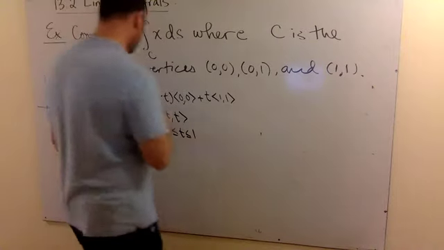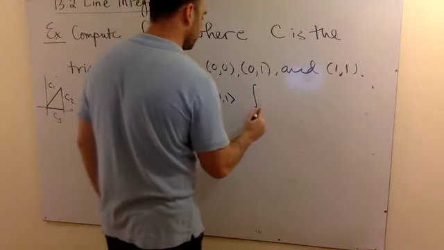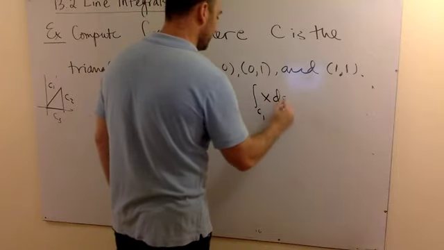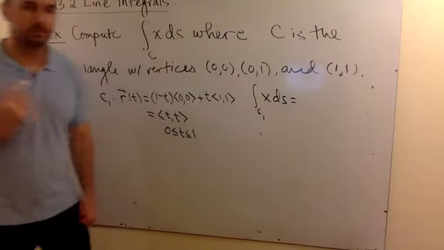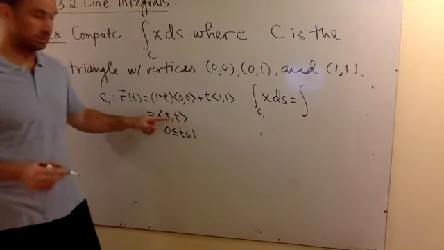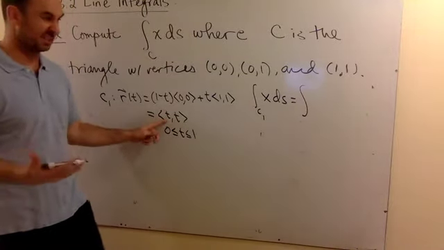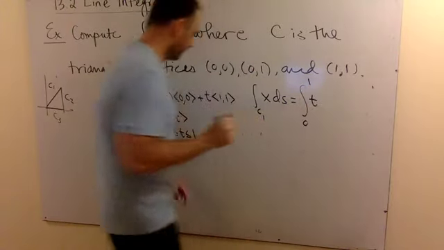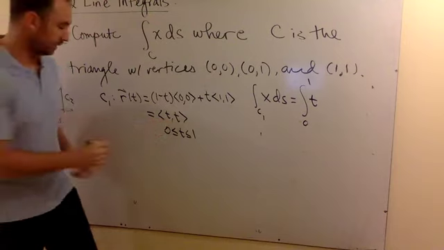And so my integral over C1 of x ds, what is this equal to? Well, I plug in this function, t, and here I just have an x, so I plug in t, and then I take the derivative of this guy.